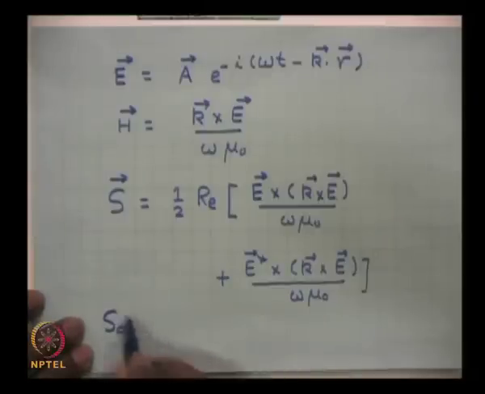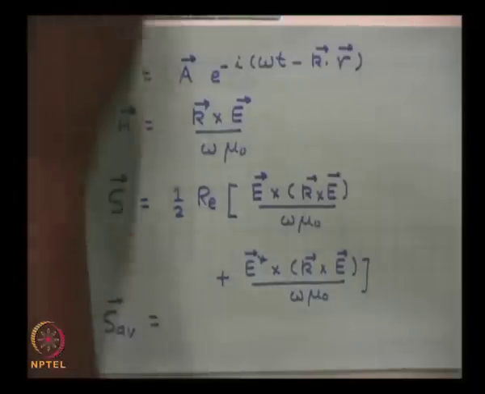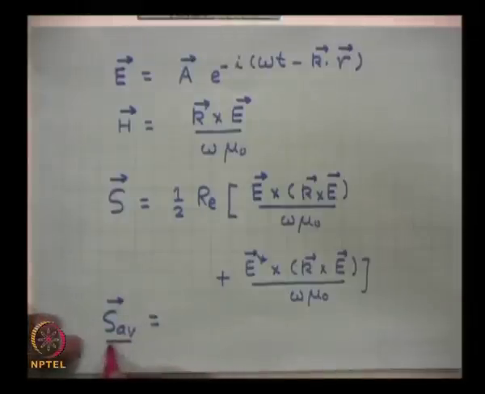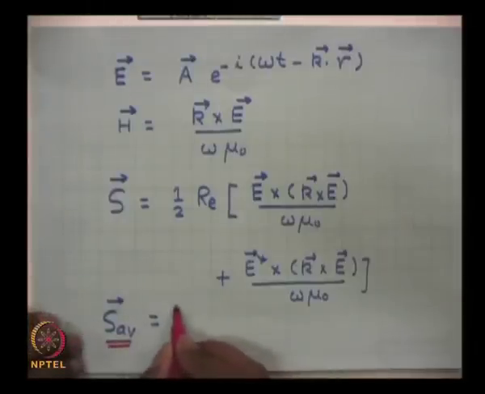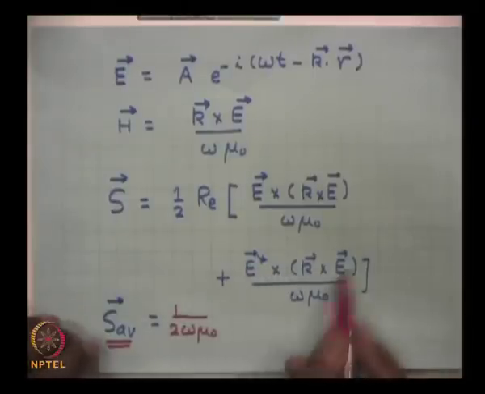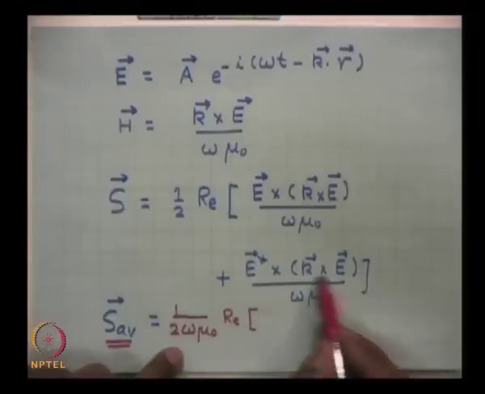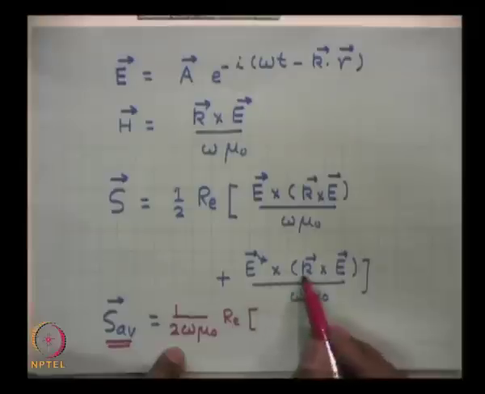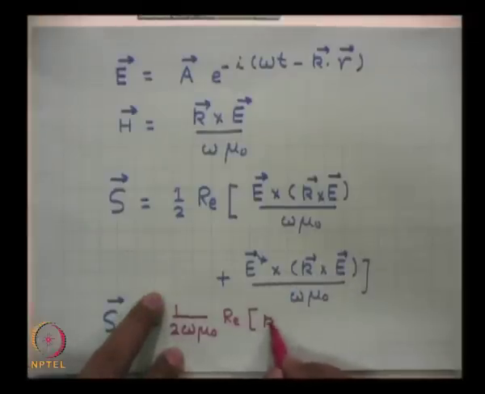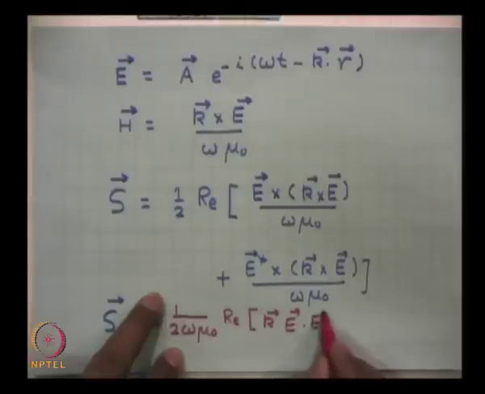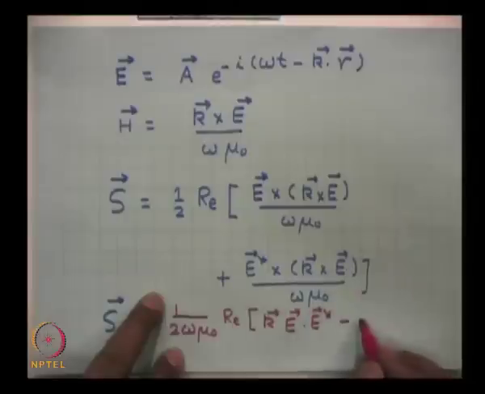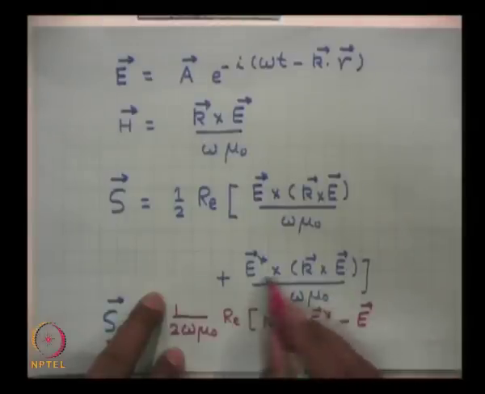Let me write it down with a different ink because this is an important expression. This quantity is equal to 1 upon twice omega mu 0, and the real part of this quantity, which I will write down as a vector triple product: k vector into E dot E star minus E vector and k dot E star.